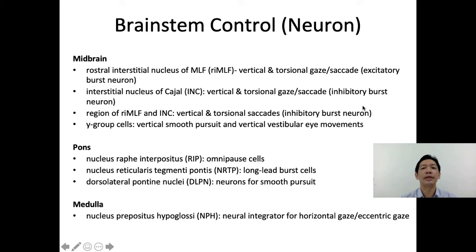By balancing between these two nuclei, you have a smooth movement. How about the pons? First remember, the PPRF is the horizontal gaze center. Again, some of them are in charge of smooth pursuit, some of the saccade movement. Same thing for the medulla. The medullary reticular formations in general are the inhibitor for your horizontal gaze.